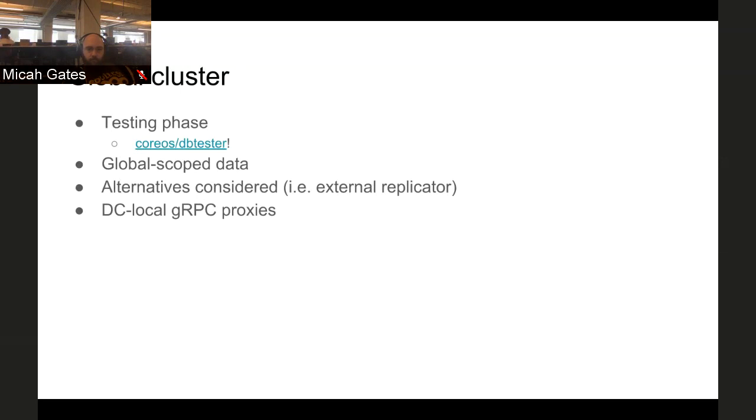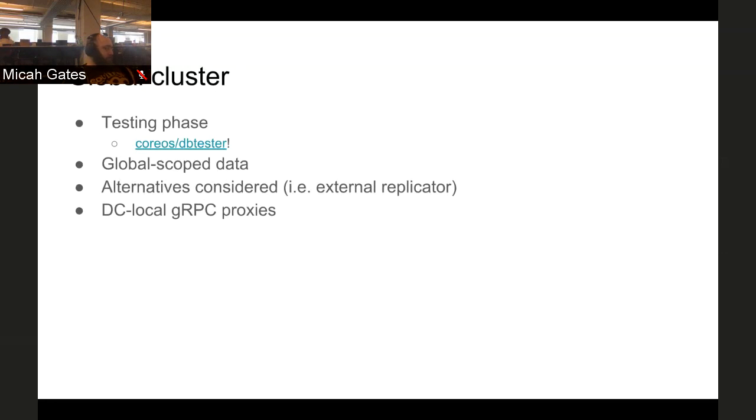We've been using the DB tester frameworks with pretty good results so far to benchmark these different configurations of our global clusters, specifically what zones we have and what number of nodes, and comparing across those dimensions.